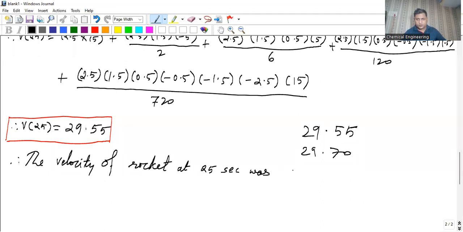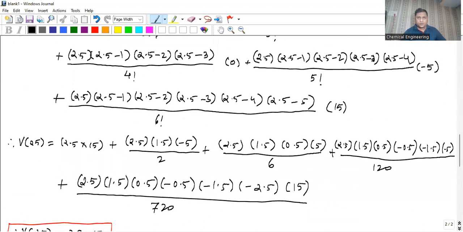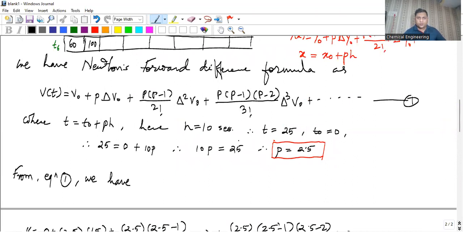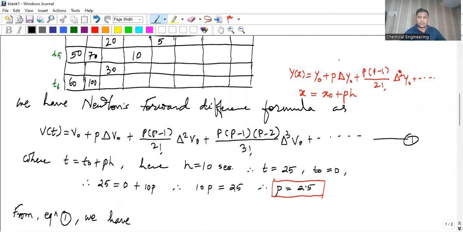Sir, I did not actually get what the value of p and h is here. Yeah, I have explained it, no? So what we have to consider is, see, this is the formula we have seen. Here instead of x, we have t as the independent variable, and our dependent variable y is v here.